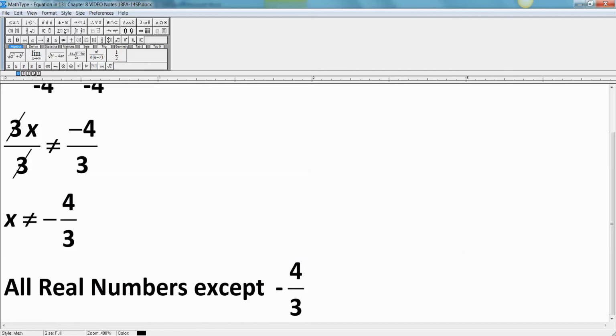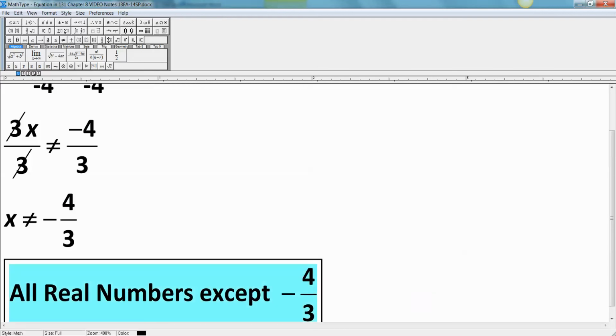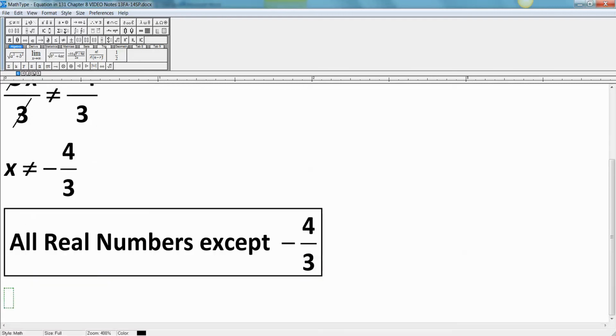Now, the other way to write this, because mathematicians are kind of lazy and they don't really like writing the all real numbers portion, is a fast abbreviation, which is right here. My little math type machine has it anyway.